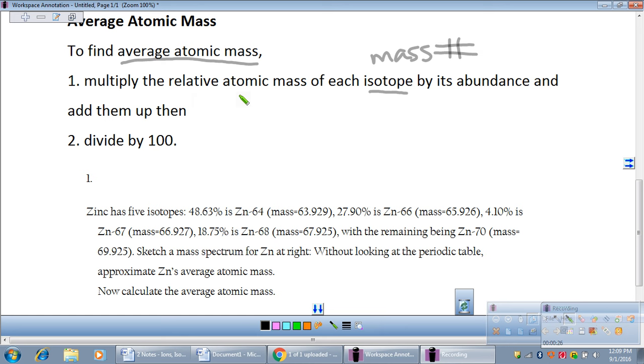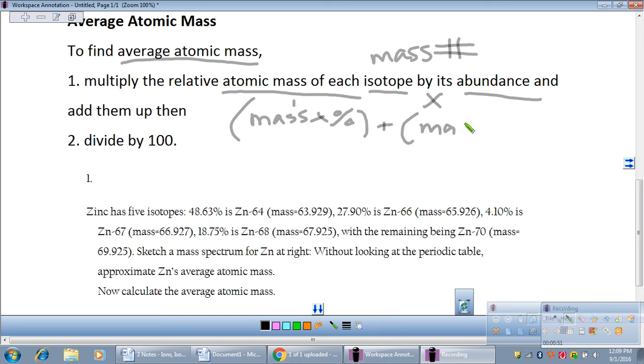So we are going to do some math to find average atomic mass. First thing you need to do is take the relative atomic mass of each isotope, multiply it by its percent abundance. Then you add those up. So if you have 3 isotopes, you're going to take mass times percent of isotope 1 plus mass times percent of isotope 2 plus mass times percent of isotope 3.